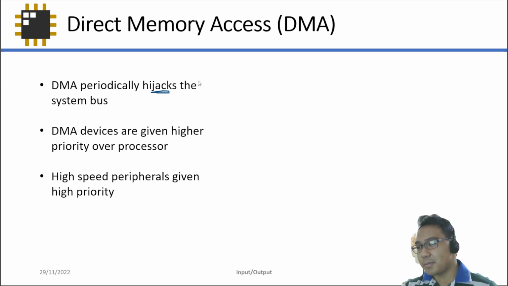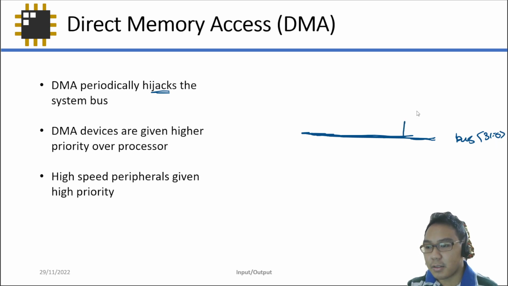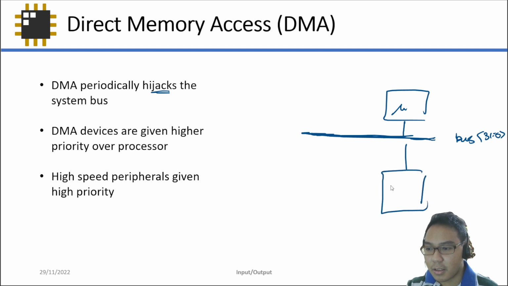So the DMA periodically hijacks the system bus. The system bus is a data line that is shared among all of the things in the computer, and this is connected to the processor and to the memory.